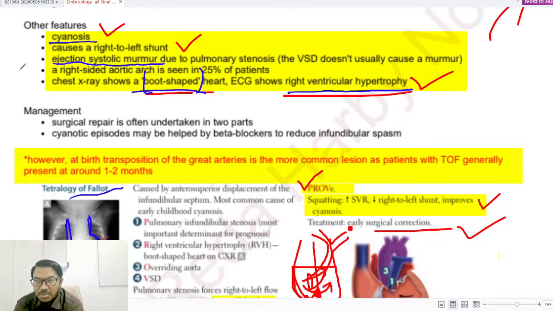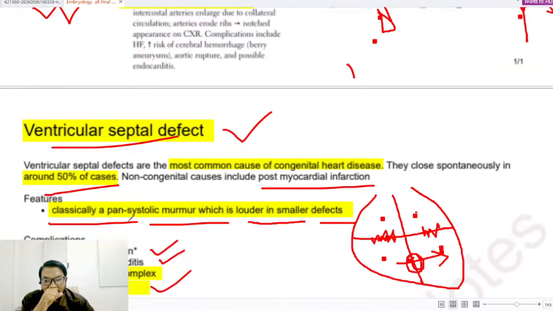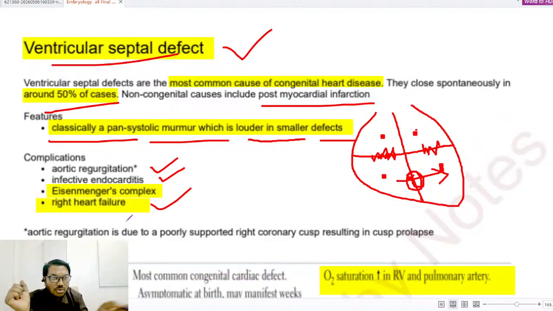That means we can auscultate the murmur only during ejection, and pan-systolic means we get a murmur throughout the whole systole. Classically, a pan-systolic murmur which is louder in a smaller defect. Complications: aortic regurgitation, infective endocarditis, Eisenmenger's complex, and right heart failure.